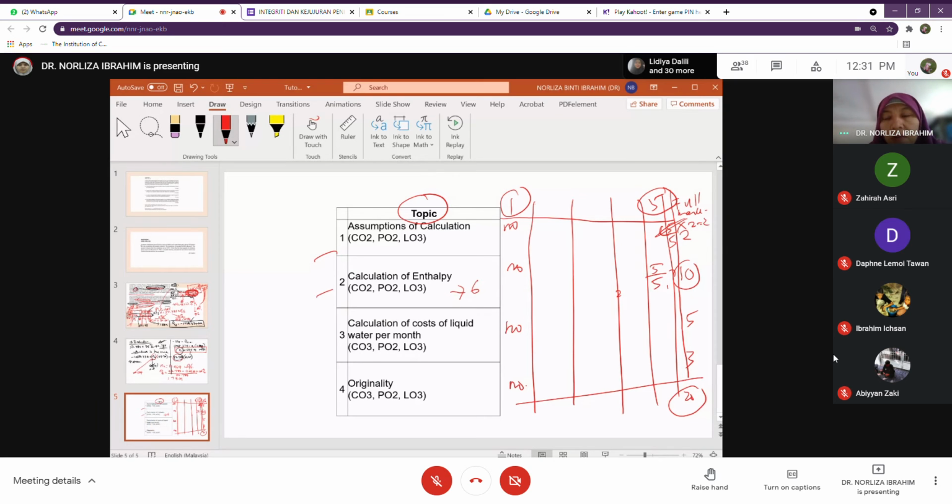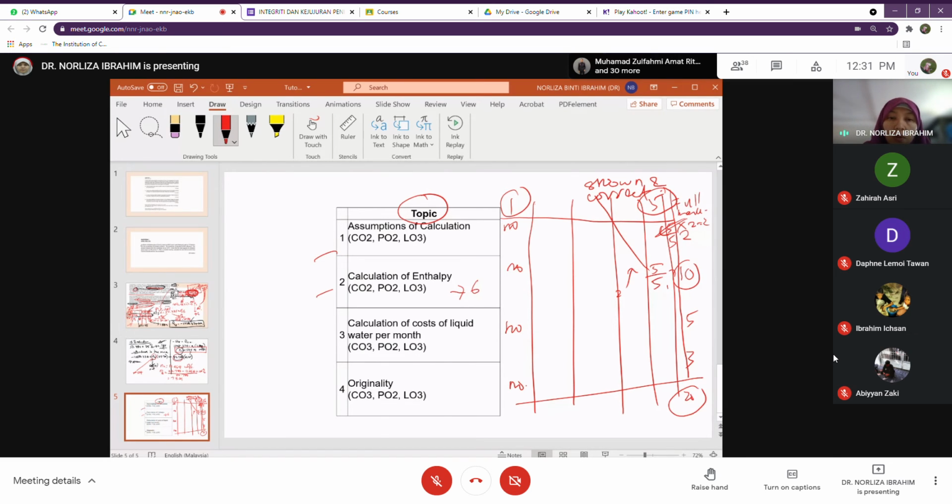For 4, maybe all 6 enthalpy calculations are shown, but 2 of them are wrong. That's a sample of the rubric.